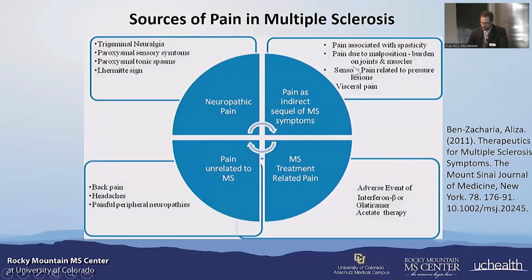But if somebody is very spastic in a limb, that can cause pain where the pain receptors are responding appropriately because it's an uncomfortable position, especially if somebody has a very contracted limb, or if they're very immobile, and they can get pressure ulcers or other things because of the MS, but those ulcers then can be quite painful. Or alternatively, you can get visceral pain, like say somebody has MS-associated constipation that could potentially be painful.